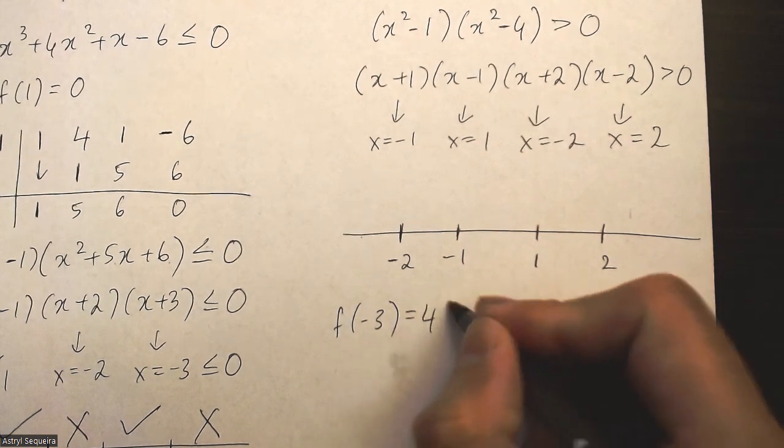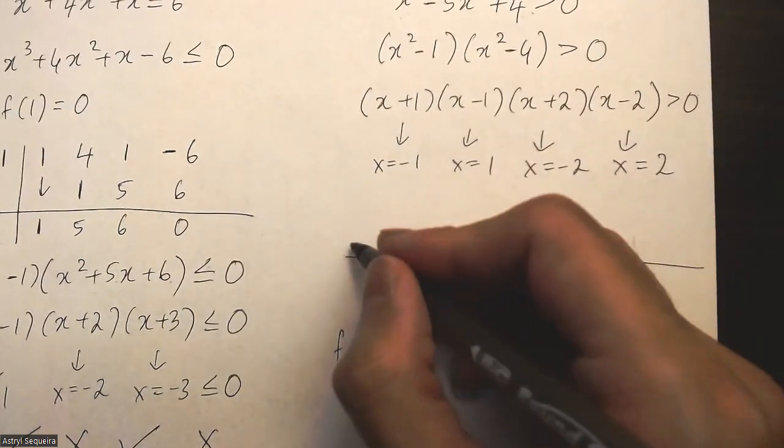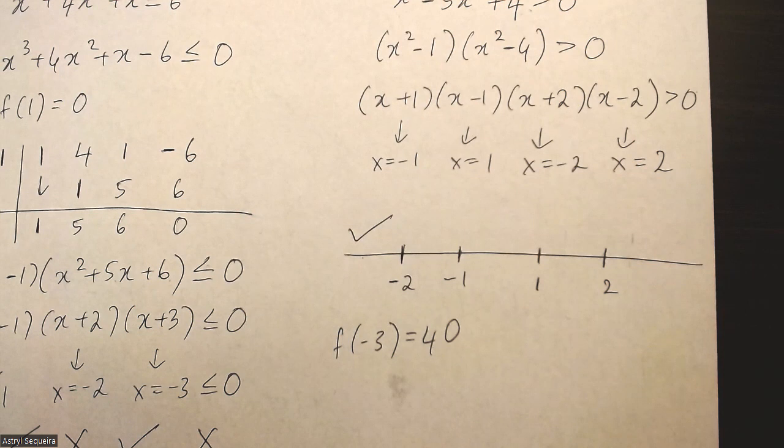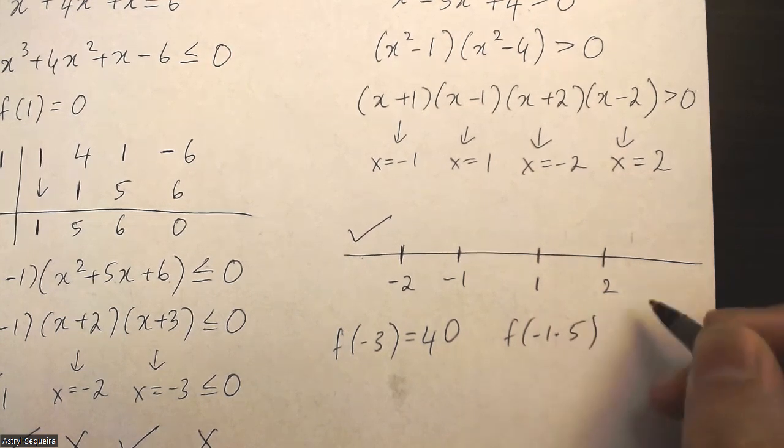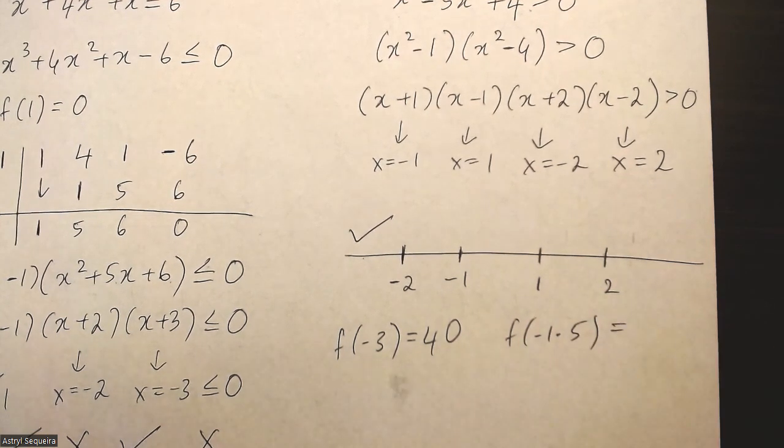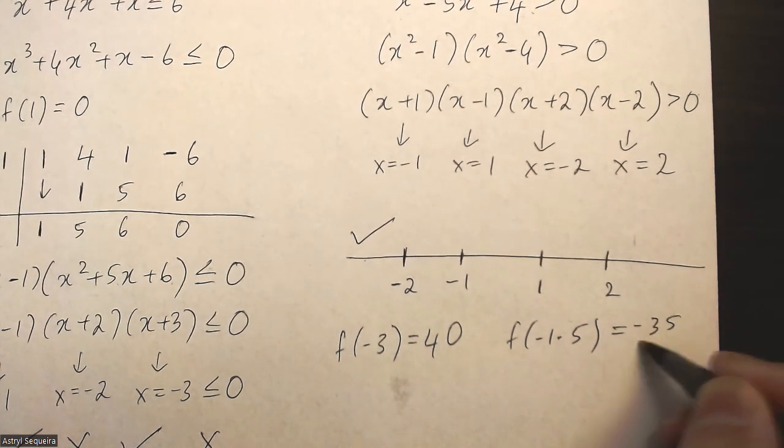Get that as 40, which is greater than 0, so this one is good. Next, I'll test f of -1.5, which is -35/16.